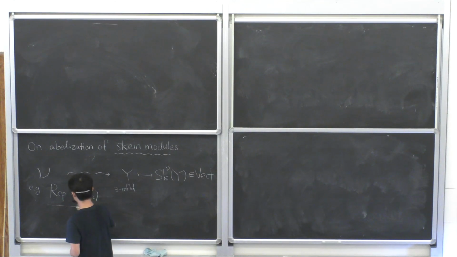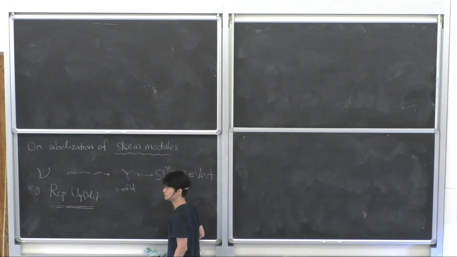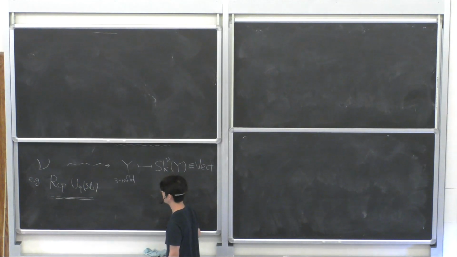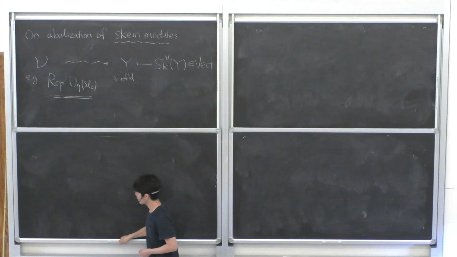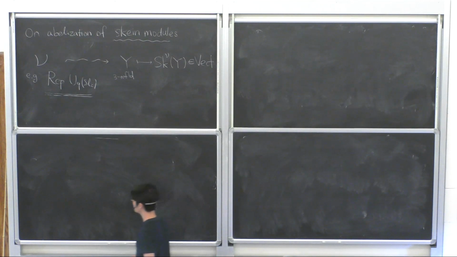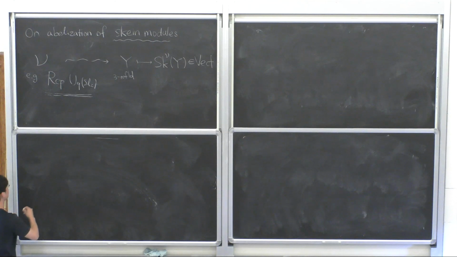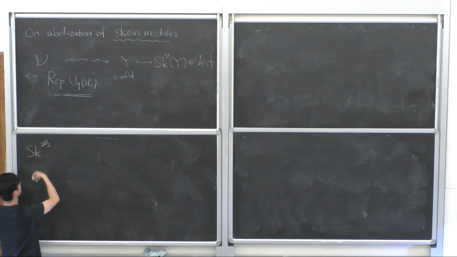So in this particular choice, when this ribbon category is just the representation category of quantum SL2, the Skein module has a particularly simple description. In this case, I'm going to denote it by SK for Skein and SL2, just a shorthand for this ribbon category.